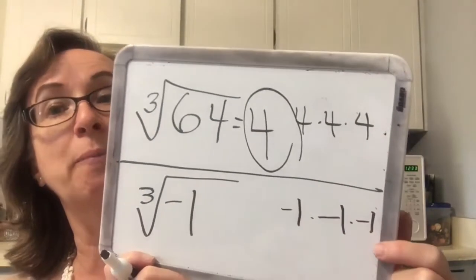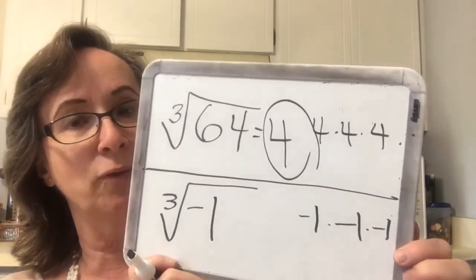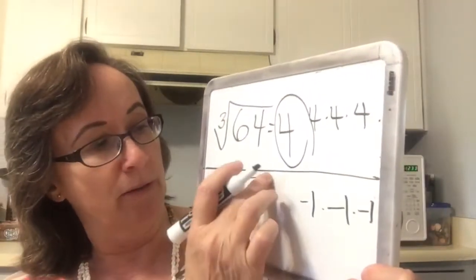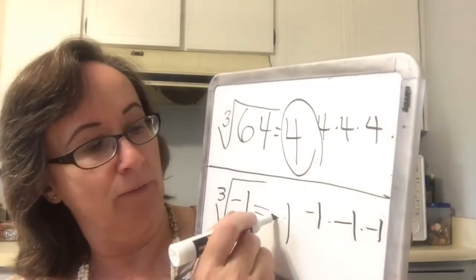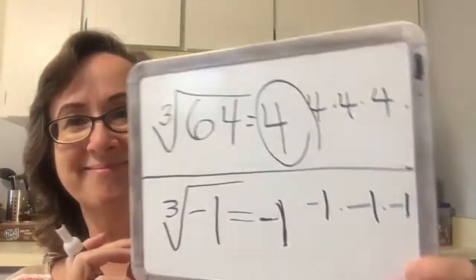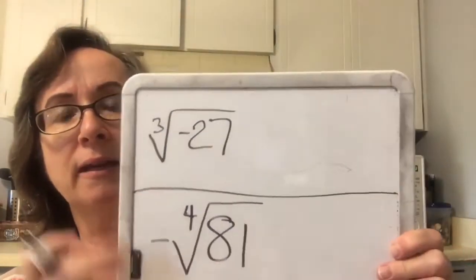But then when I multiply by a third -1, I get a -1 again. So the cubic root of -1 is -1. Okay, so a negative underneath the radicand is not a problem if we have a cubic.